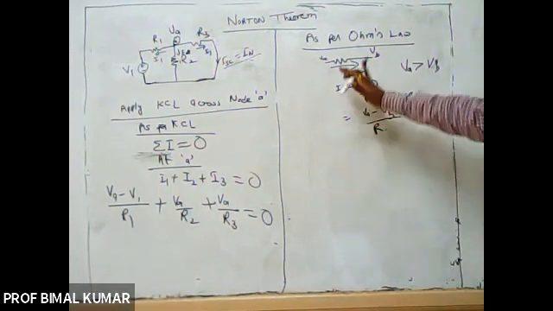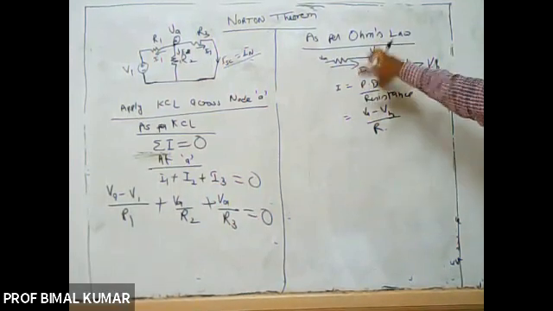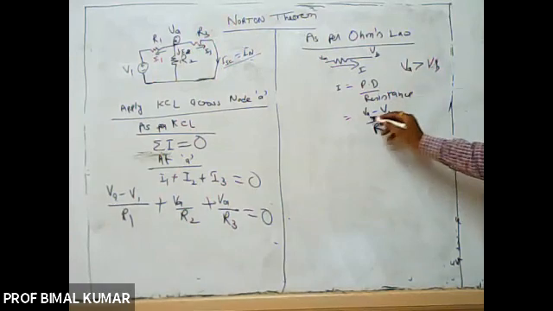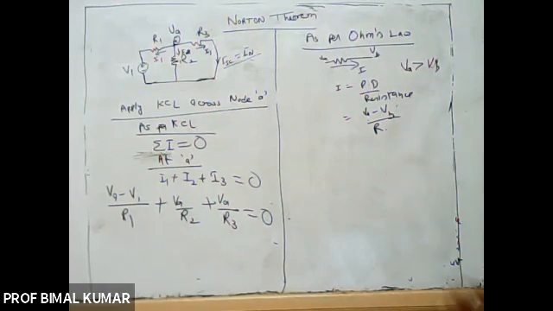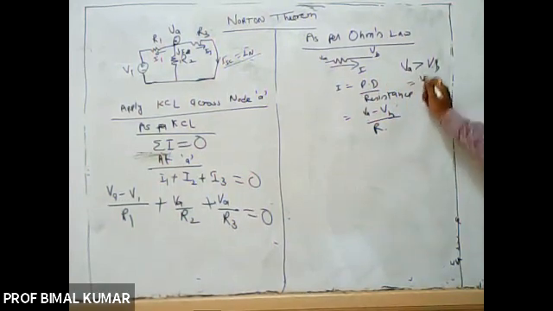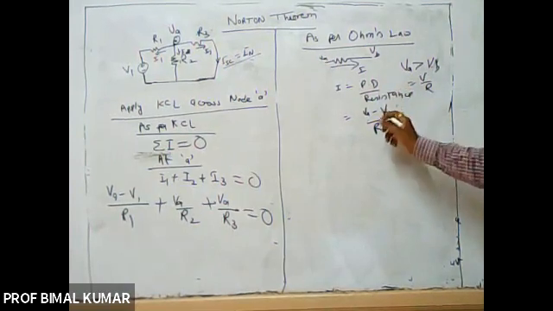So if this is the direction of the current, VA will be greater than VB, and the current is VA minus VB upon R. As per Ohm's law, current flowing through the network is directly proportional to the potential difference applied across it, so V upon R.